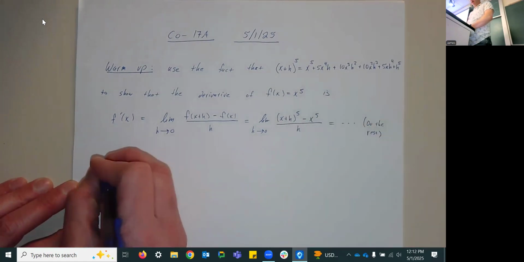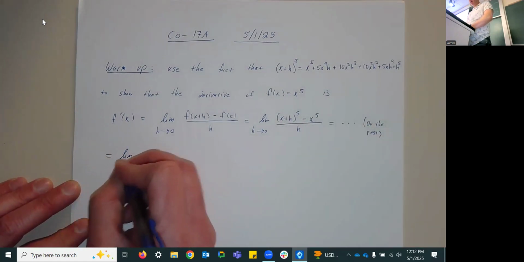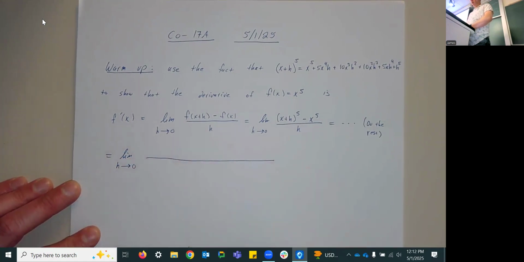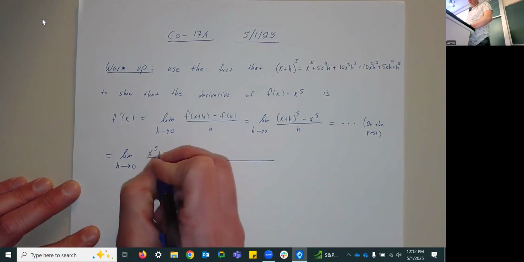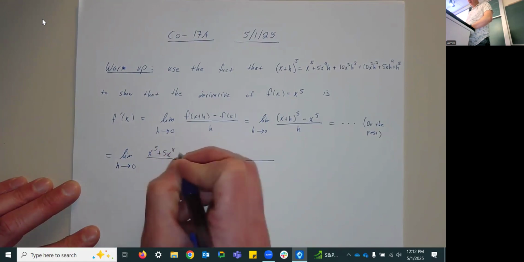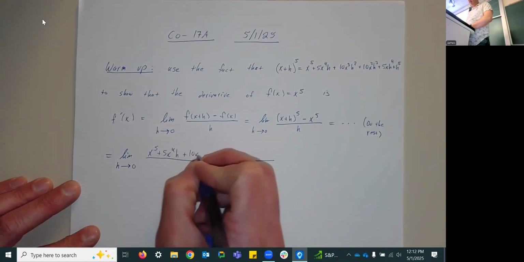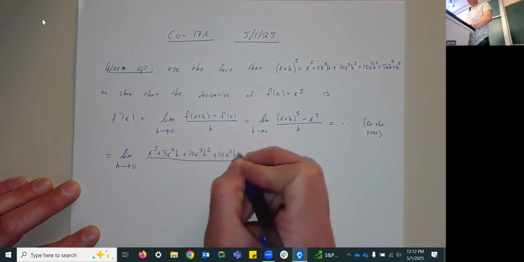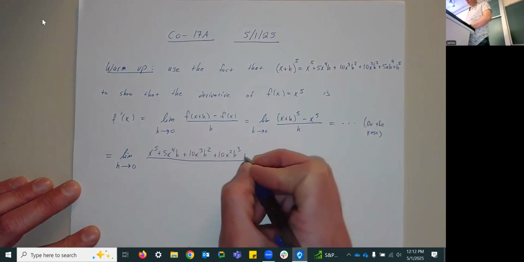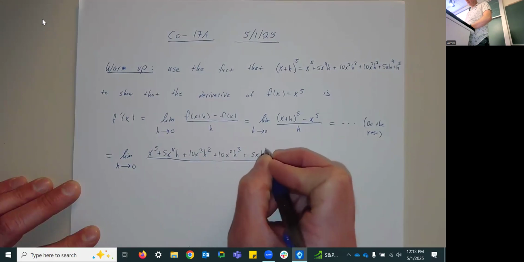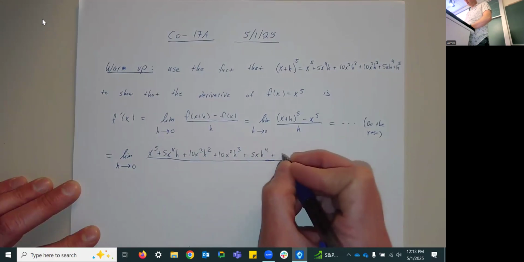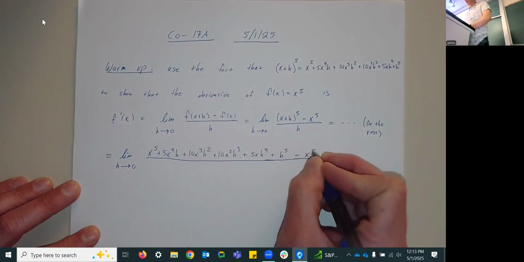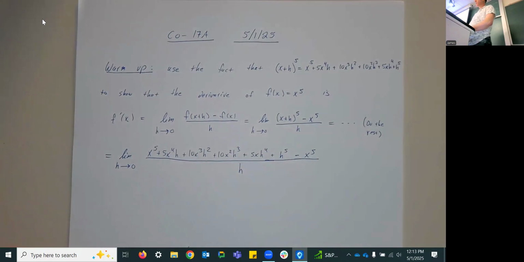So we're going to rewrite this as the limit as h approaches 0 of kind of a long numerator: x to the fifth plus 5x to the fourth h plus 10x cubed h squared plus 10x squared h cubed plus 5x h to the fourth plus 1 h to the fifth, minus x to the fifth, all divided by h.